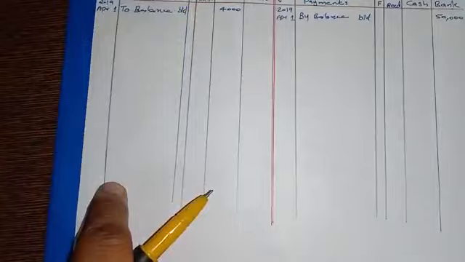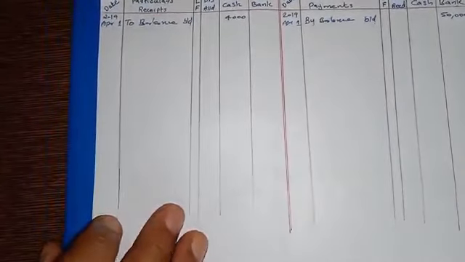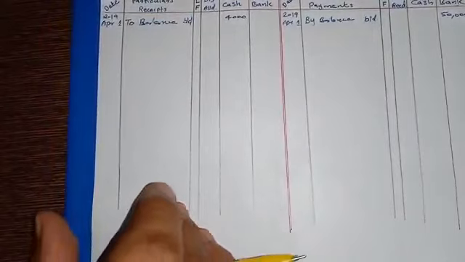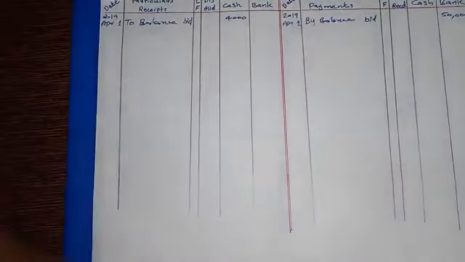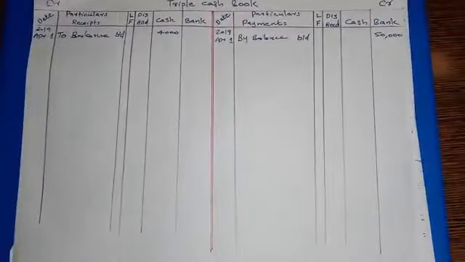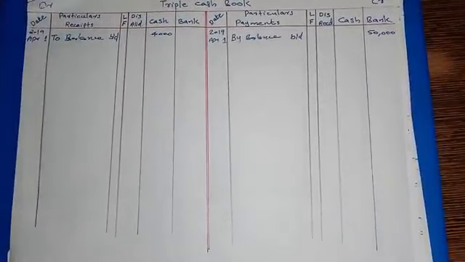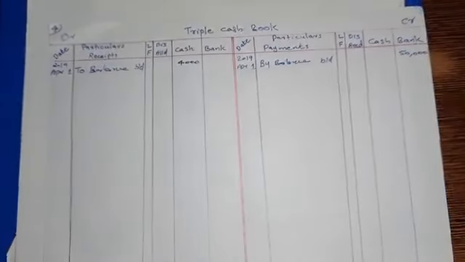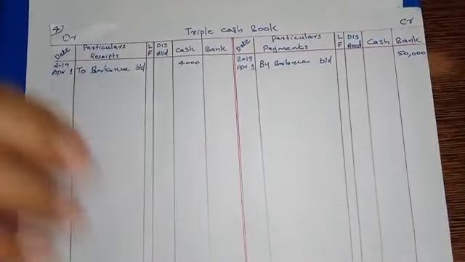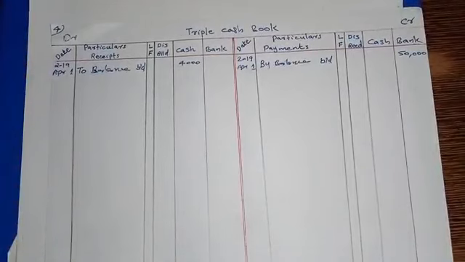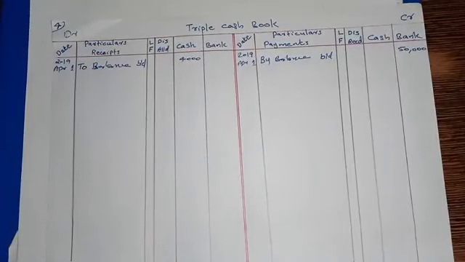Then the second transaction in the question. One second, let me keep the textbook properly to see the question. Okay, it is saying second, invested further capital 1 lakh, out of which 60,000 deposited into bank.